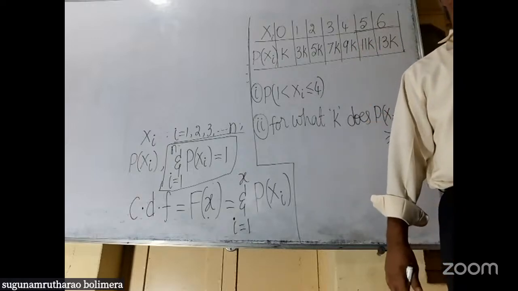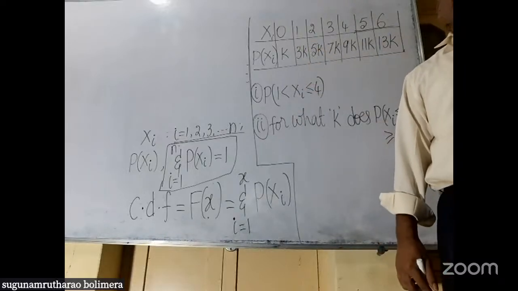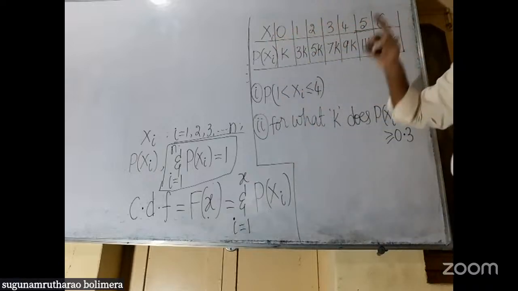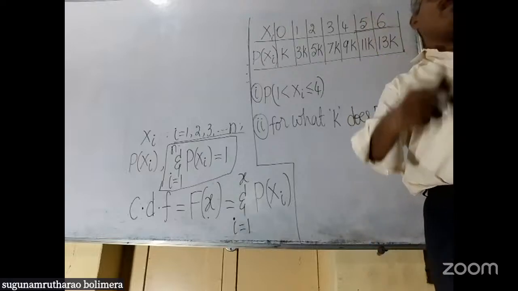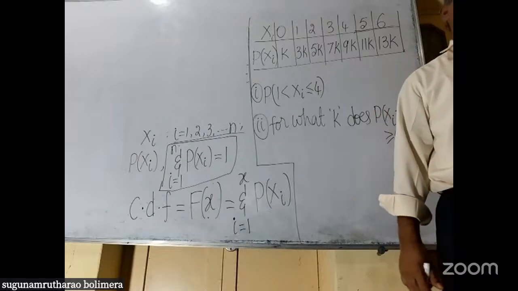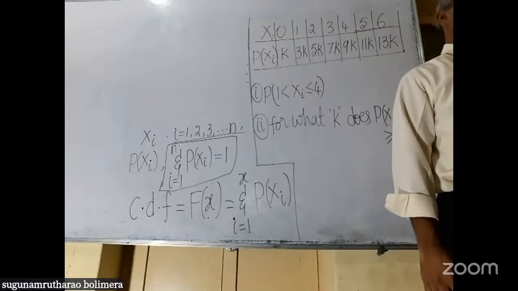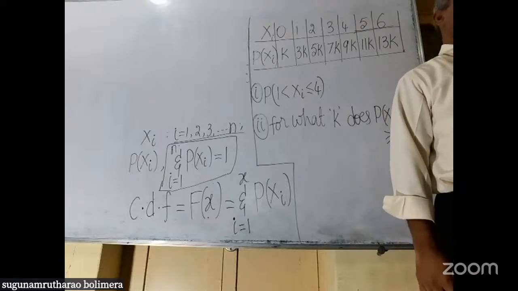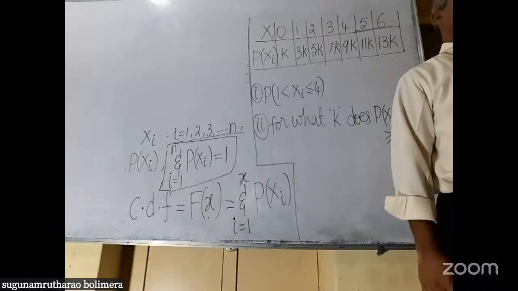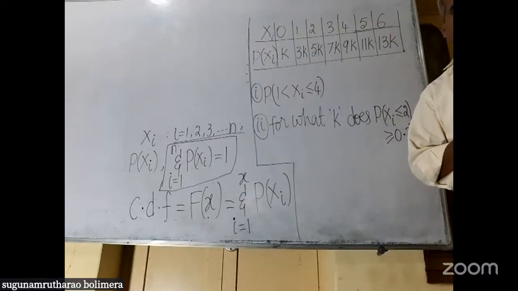Since it is a probability distribution function, xi has taken only finite values, so it is a discrete random variate.